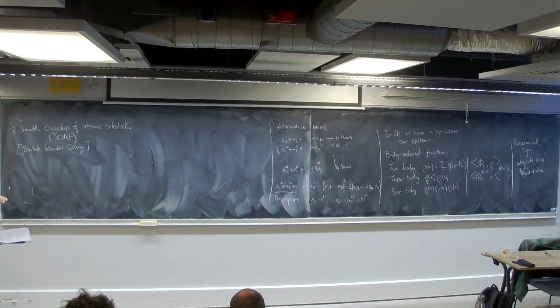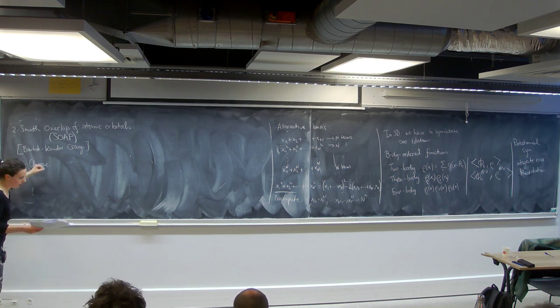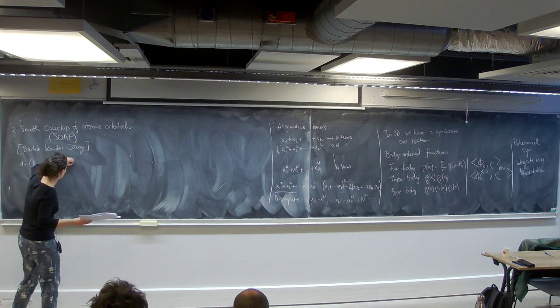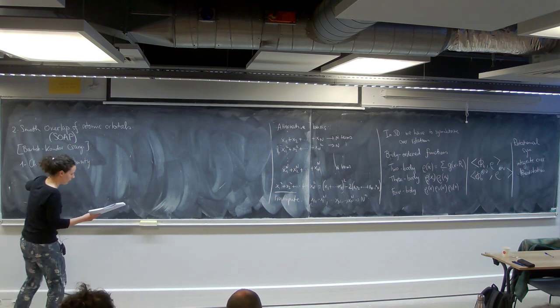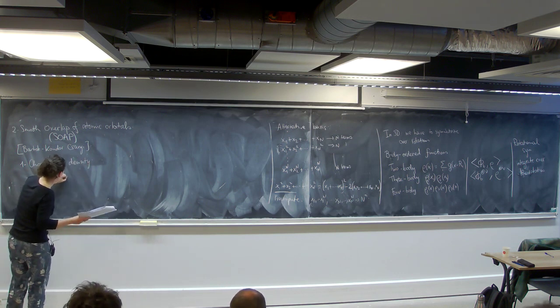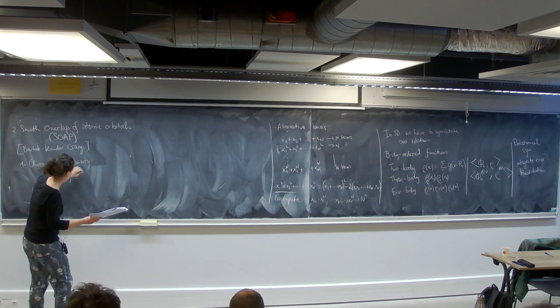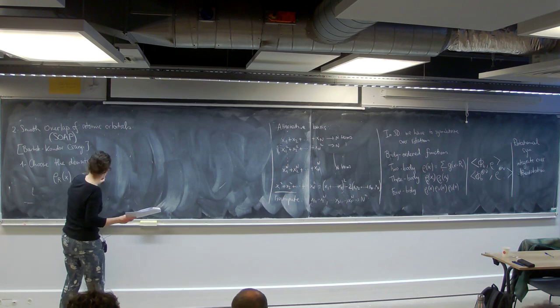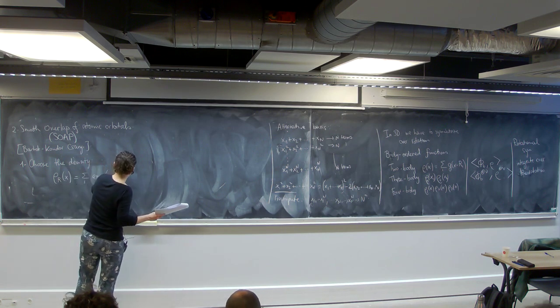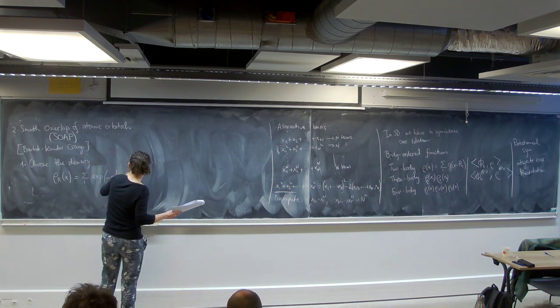Here, the idea is to choose a density that is Gaussian. So the density for a configuration is written as the sum of exponential minus alpha |x minus Ri| squared.